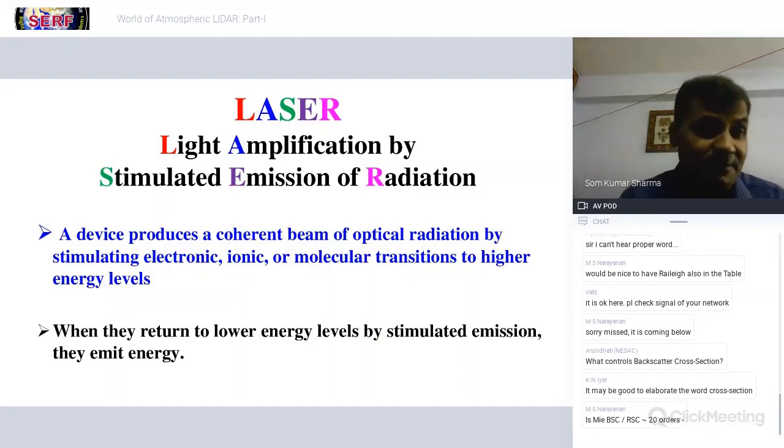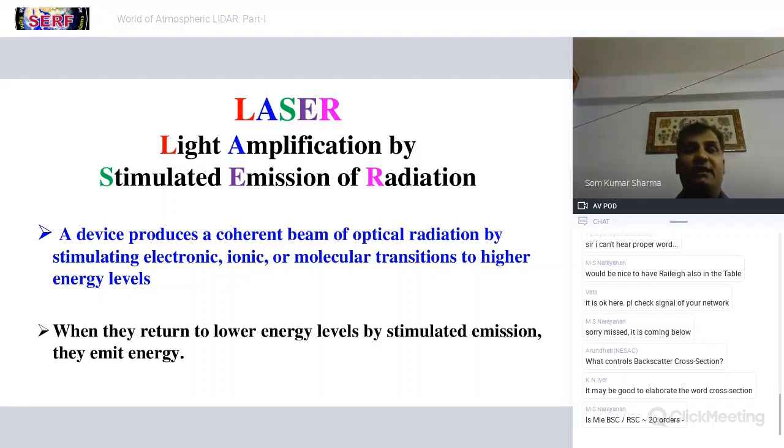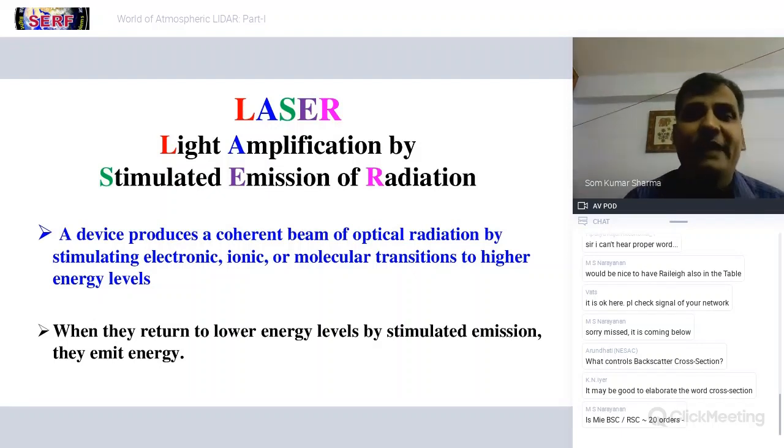A laser is a device that produces a coherent beam of optical radiation by stimulating electronic, ionic, or molecular transitions to higher energy levels. And when they return to the lower energy level by stimulated emission, they emit energy, and that is the basic concept behind the laser.